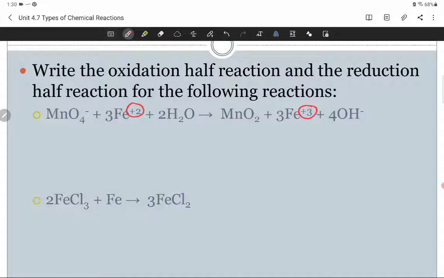So a +2 to a +3, let's write that out. Don't worry about the coefficients right now. So where would I have to put electrons so that this balances, so that it's the same charge on both sides? If I put 1 electron right here, electrons on the right side make this oxidation.